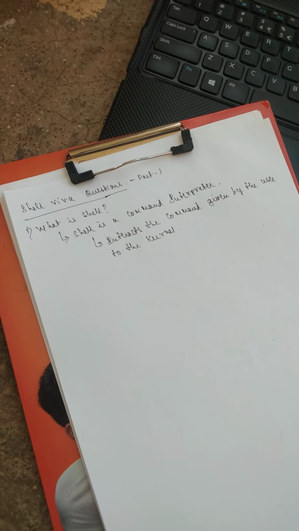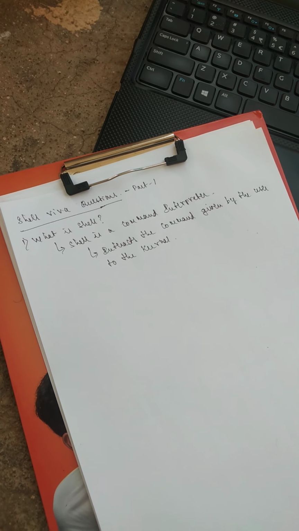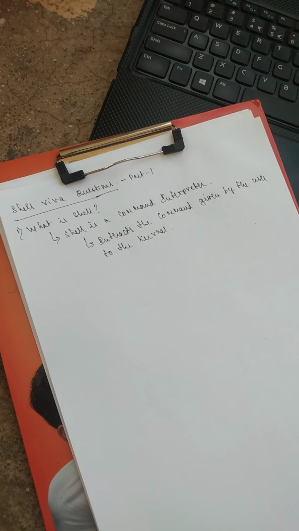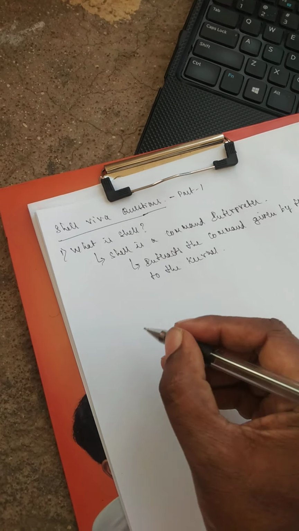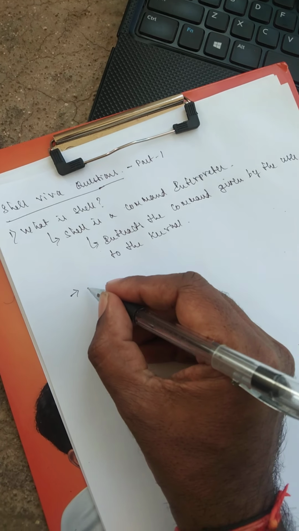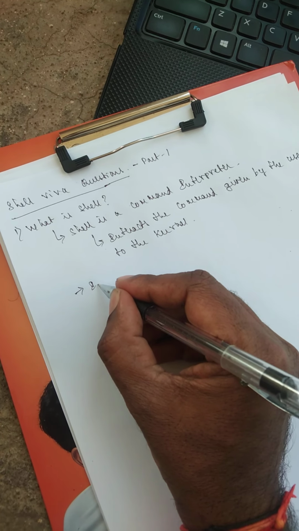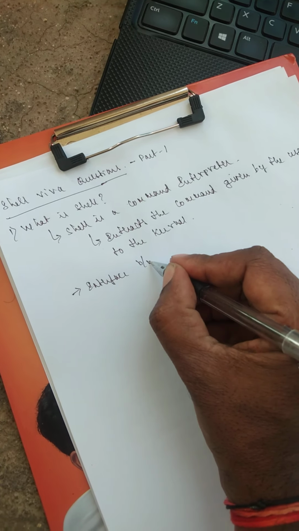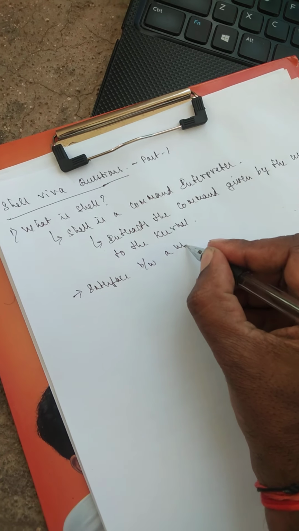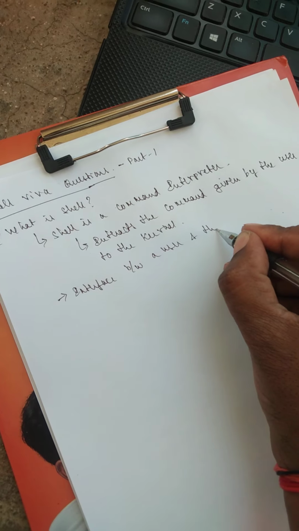What is a shell? As you all know, shell is a command interpreter which passes the command given by the user to the kernel. And here it has one more definition, that is, it's an interface between a user and the operating system.